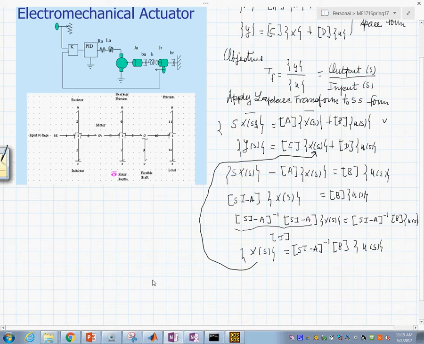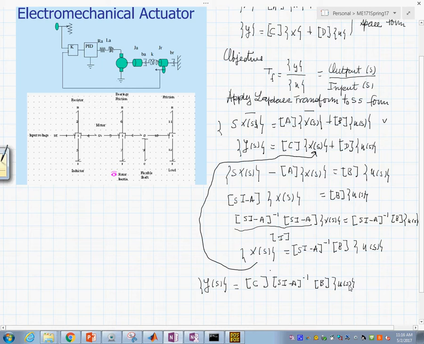So I am going to say that y of s should be equal to the matrix C times this matrix (sI minus A) inverse times B times the vector U of s.